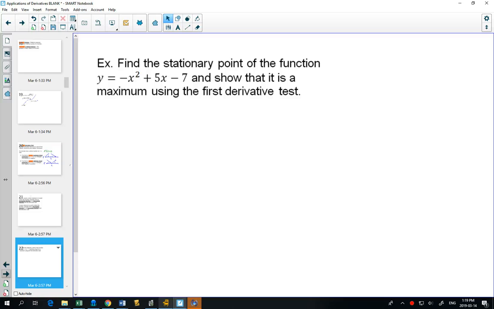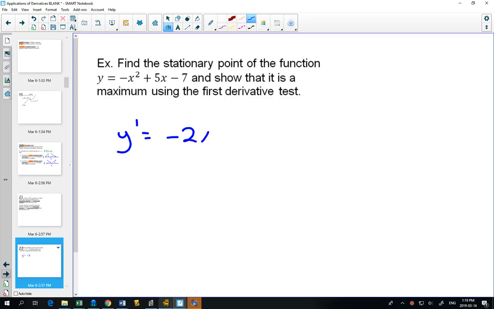But we're going to find that maximum point and show it's a maximum with our first derivative test, which I think in a lot of ways is easier than our old techniques of finding the maximum, like completing the square. So if we want to use the first derivative test, we're going to need to have our derivative.